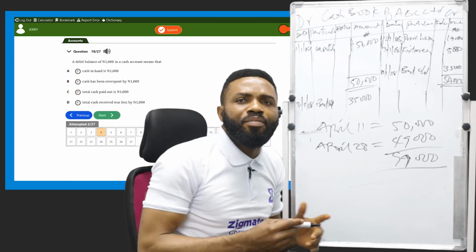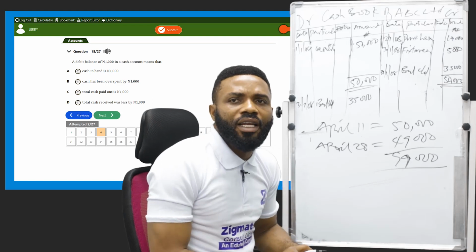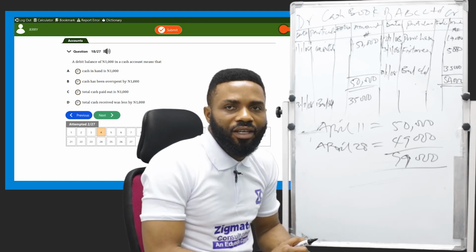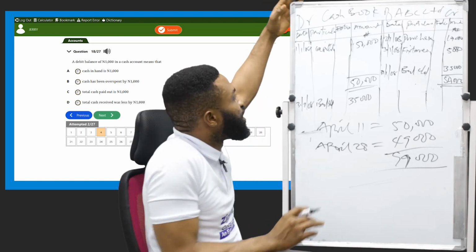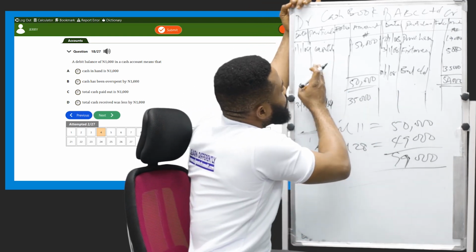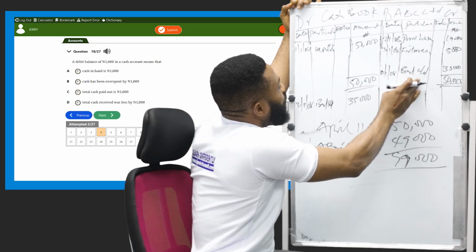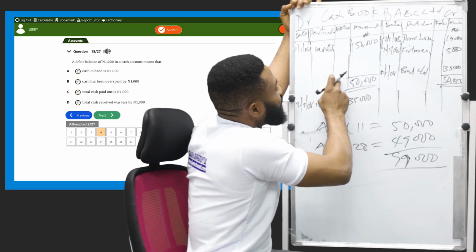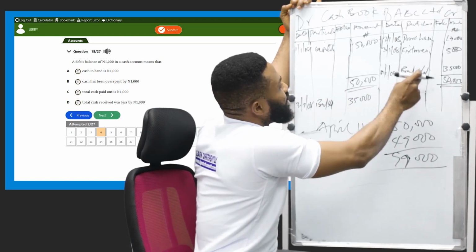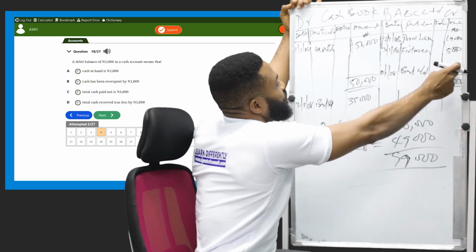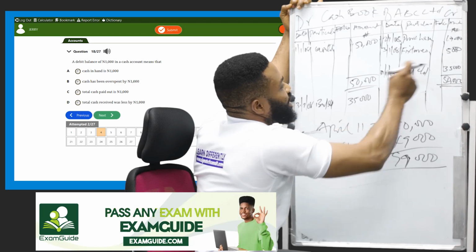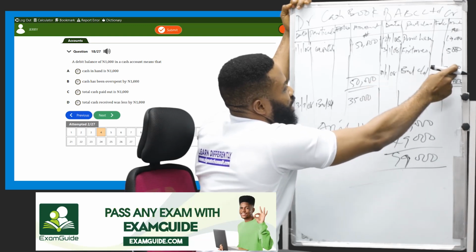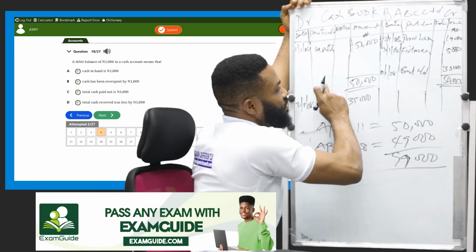Okay. They say a debit balance of 1,000 in a cash account means dash. What we mean by a debit balance is that when you look at the debit side and the credit side, when the debit side is greater than the credit side, the balance will be on the credit side. So this is what we call the debit balance. Debit balance will always be on the credit side, while credit balance will always be on the debit side.